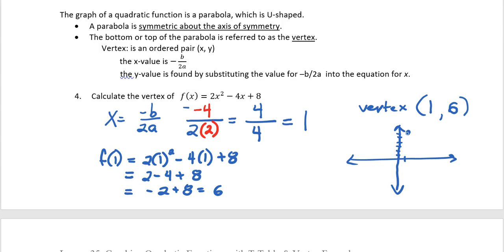If we look at the a term, our a term was positive 2, which means our parabola would be opening up. So I could draw a parabola through that vertex, attempting to be symmetric, and I would know my parabola in general would look like that. Any questions before we move to the second page?